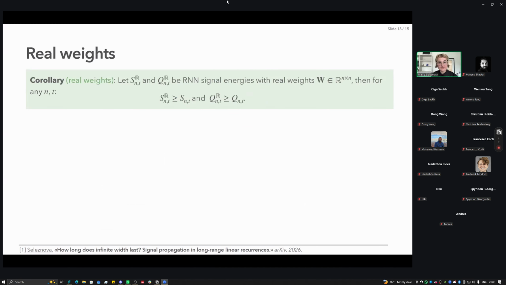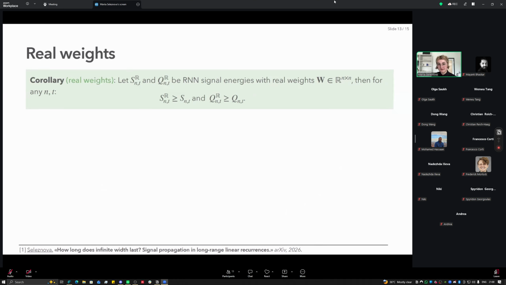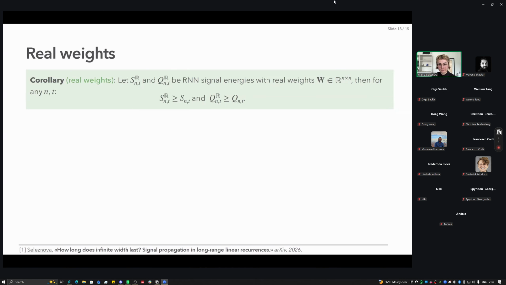Another thing to note is that the sharpest results I showed you so far were for complex weights. But the reasoning in the paper also directly gives us a lower bound for real weights. Basically, if we imagine an identical linear recurrent model with real weight matrices, the signals in such a model will grow only faster than in the complex model.